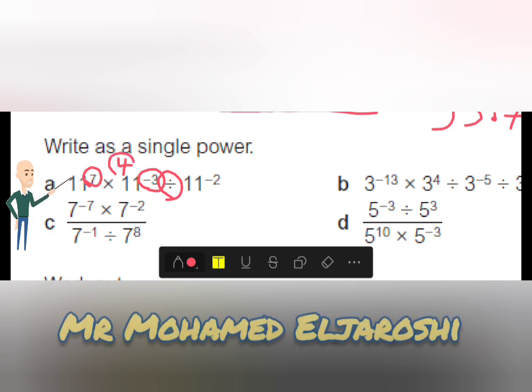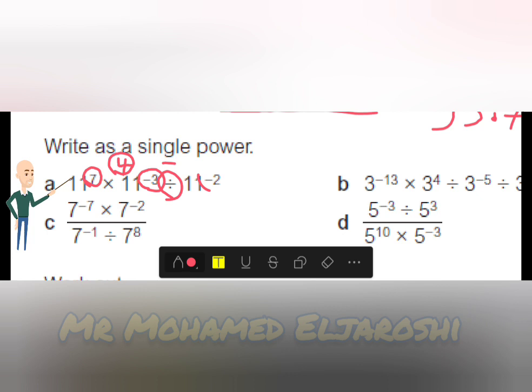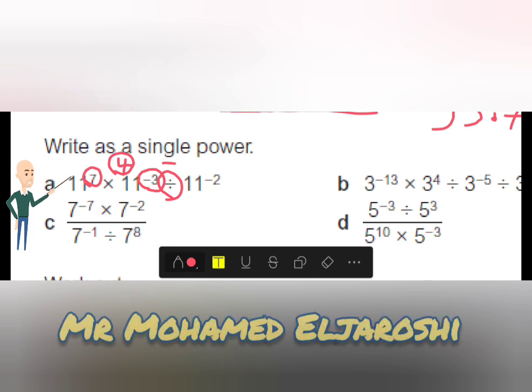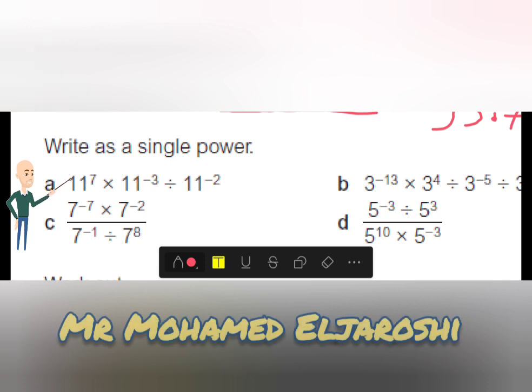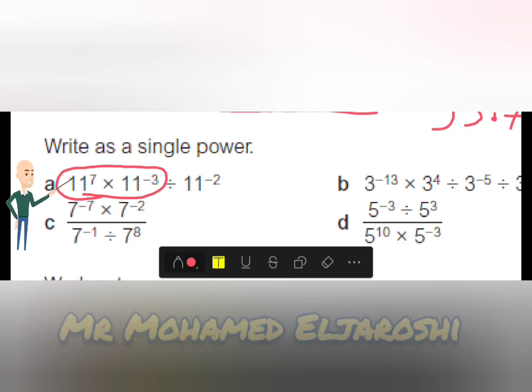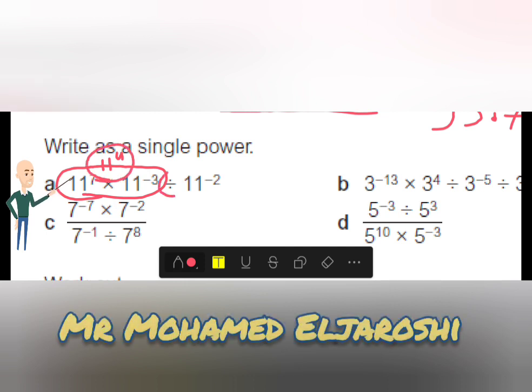So it's going to be 4 minus 2. I'll do it again for you guys. I think you're confused. Wait. Here, the answer for this one is 11 power of 4, okay? And then we take 11 power of 4, we divide it by 11 power of negative 2.